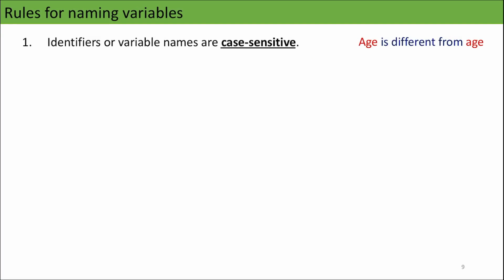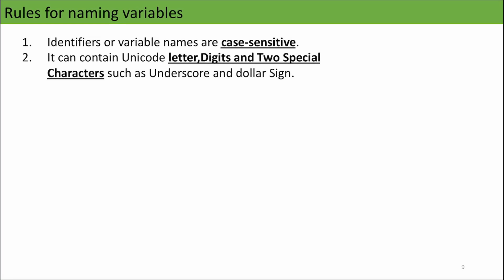So if I come with age as a variable, uppercase A is different from lowercase age. These are treated as two different variables and they have no relation to each other. This is why you need to be careful. If you declare something with uppercase, you continue using it uppercase, or vice versa.